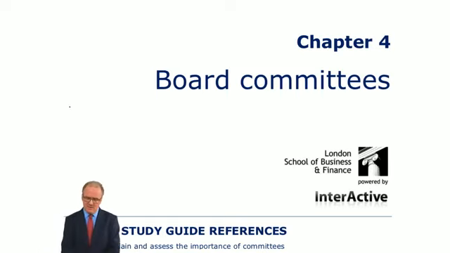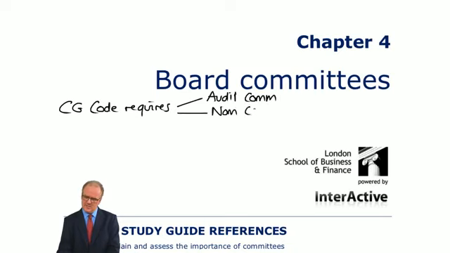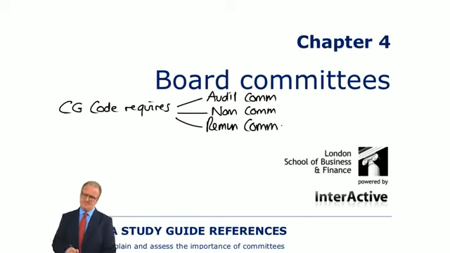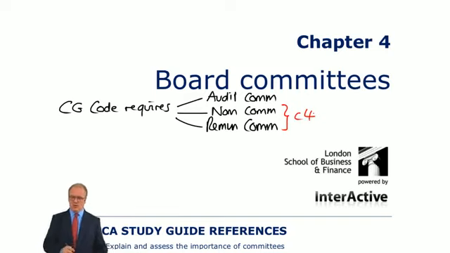Just a reminder for you that the Corporate Governance Code requires an audit committee, a nomination committee, and a remuneration committee. And it is these 2 that we'll be looking at in chapter 4.